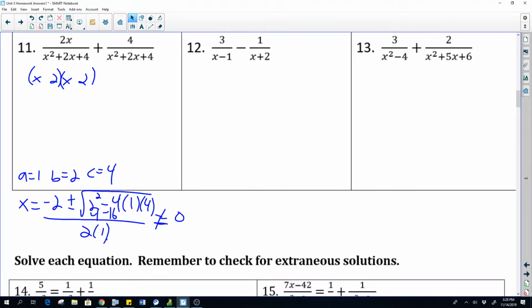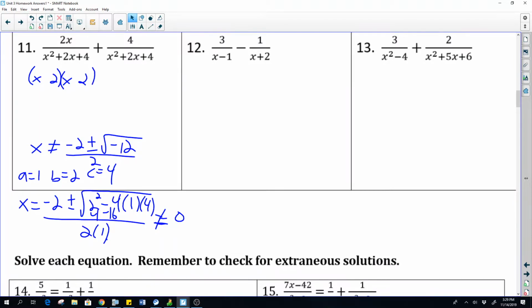So our exclusions for this problem: x cannot equal negative 2 plus or minus the square root of 4 minus 16, which is negative 12, all over 2. Which you could reduce more by pulling out a 4.